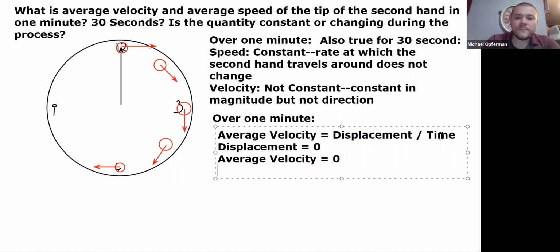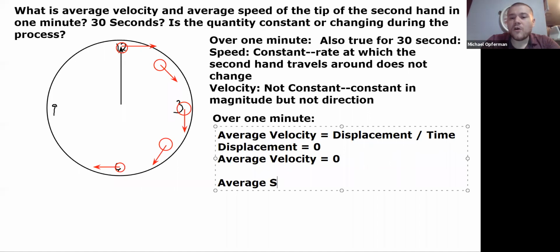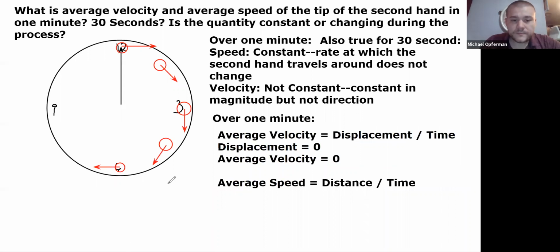On the other hand, the average speed over 1 minute is not 0 because this one is going to be distance over time. The distance traveled was the circumference of the circle. So that was, if memory serves, I think it was 0.94 meters if you look back at the other video. And the time is going to be 60 seconds.